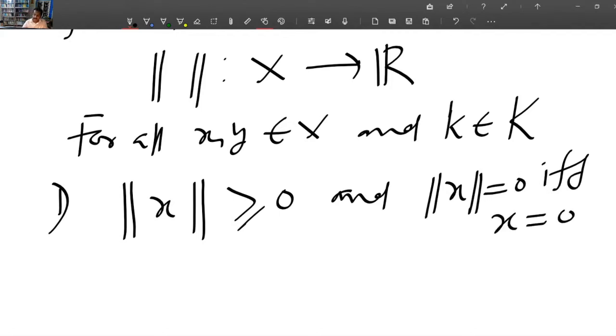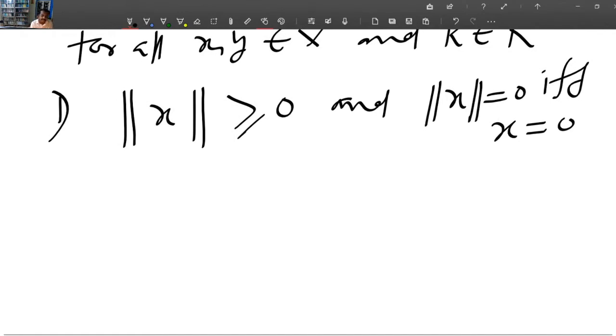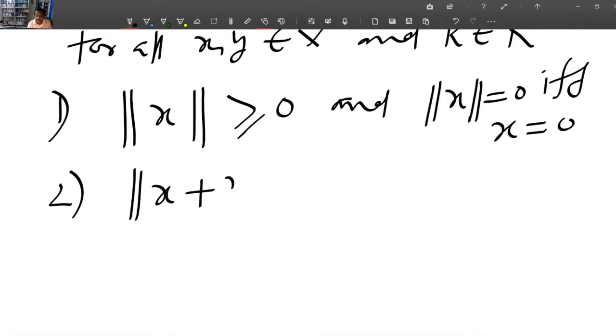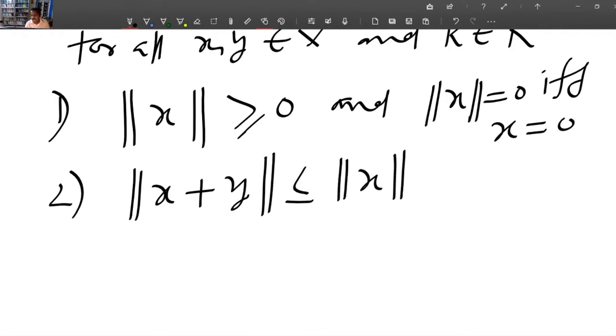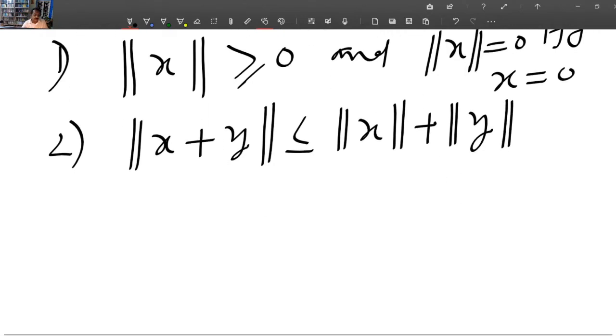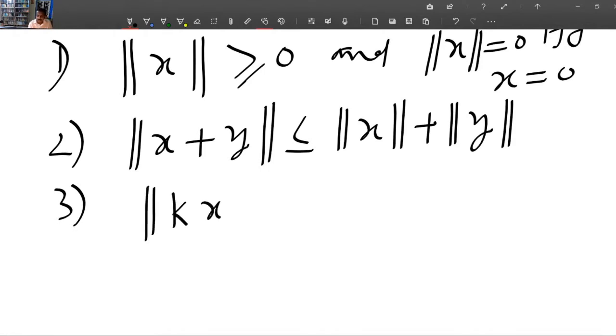The second condition is famously known as the triangle inequality: the norm of x plus y is less than or equal to the norm of x plus the norm of y. And the third condition is that the norm of k times x is equal to the modulus of k times the norm of x.